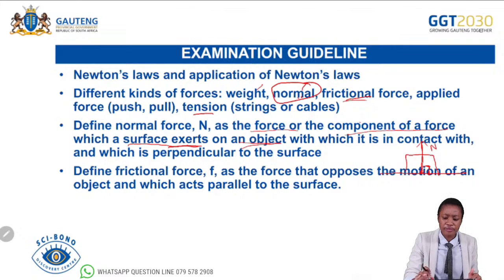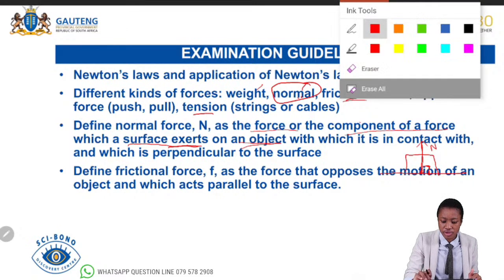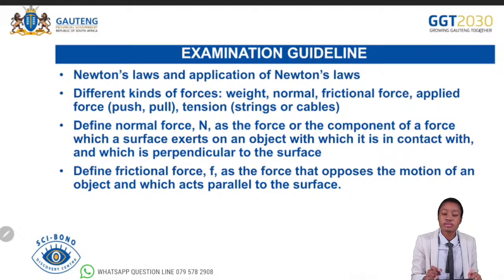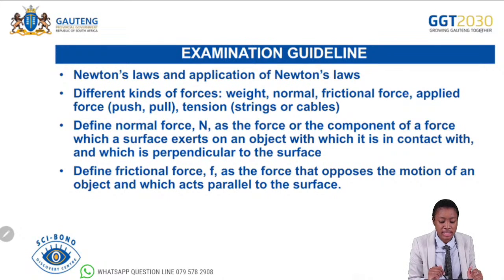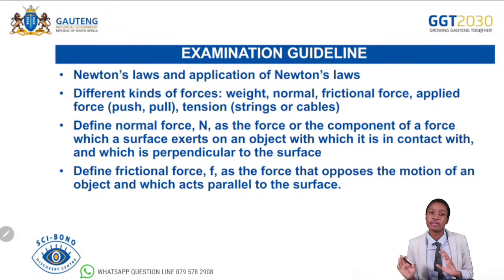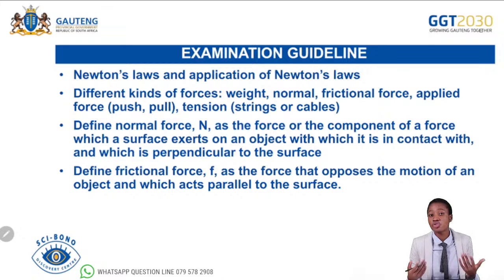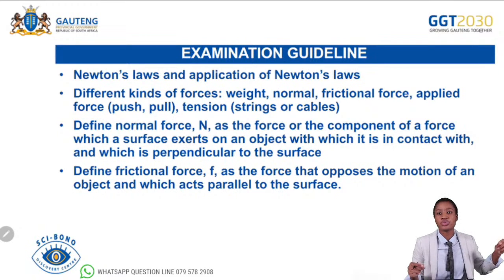Right. And then frictional force, once again, you should be able to define it too. It's defined as the force that opposes motion of an object and which acts parallel to the surface. So if I apply a force to the right and the object starts to move, in this case my trolley, the surface that the trolley wheels are moving on will apply basically what? A frictional force, where it will be opposing motion, so it'll be in the opposite direction.